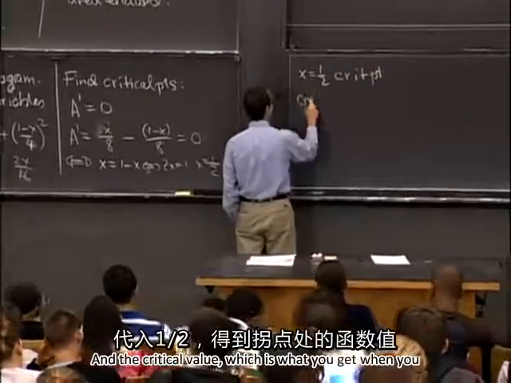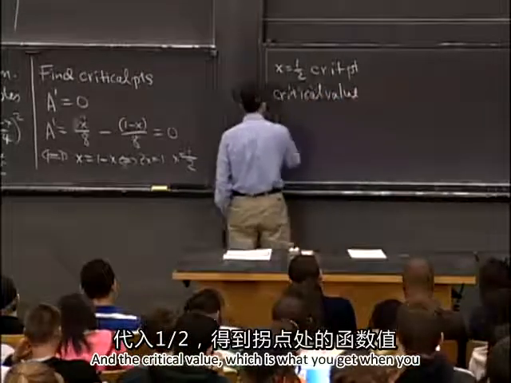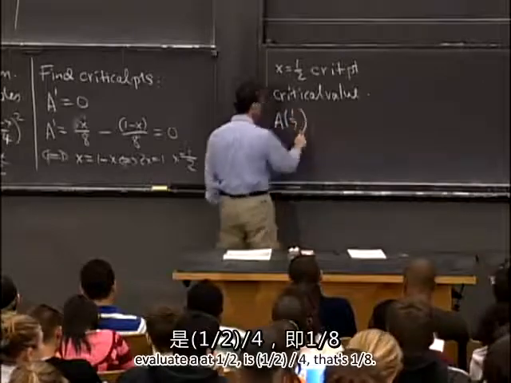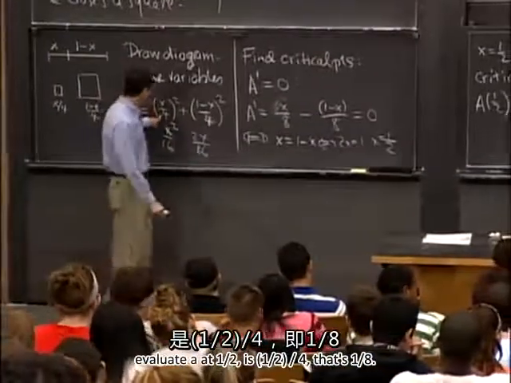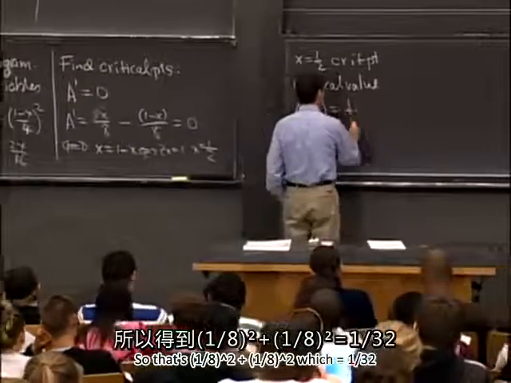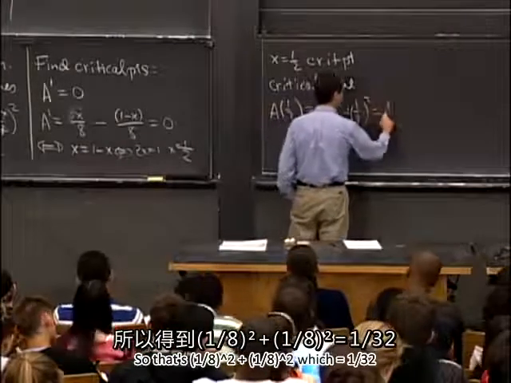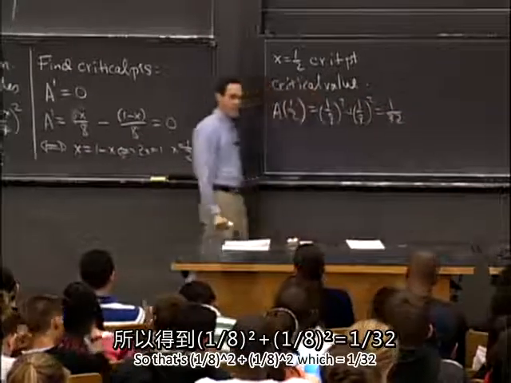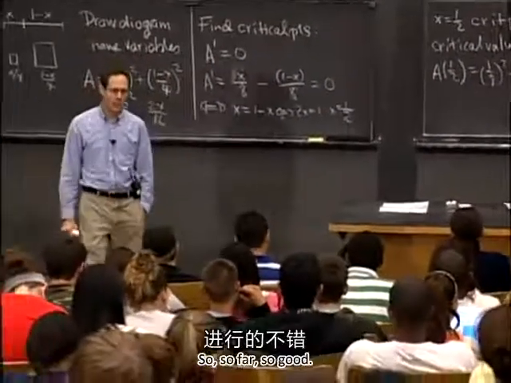And the critical value, which is what you get when you evaluate A at 1/2, is a half divided by 4. That's an eighth. So that's an eighth squared plus an eighth squared, which is 1 over 32. All right? So far, so good.